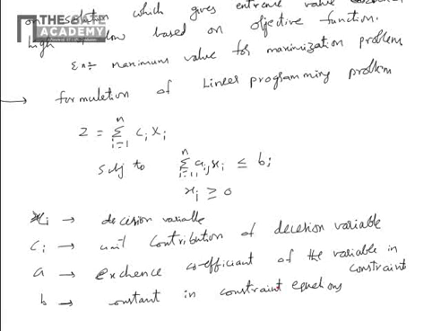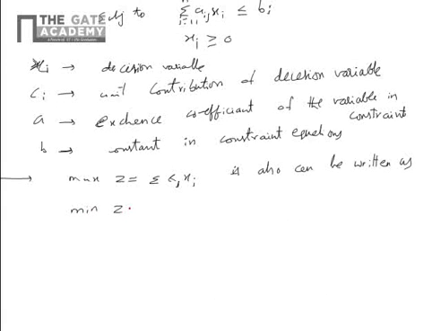So these are a few points which we need to remember. If we have a maximization problem and want to convert it to minimization, multiply the objective function by -1. Then it will convert into a minimization problem. So maximize z equal to sigma ci xi can be written as minimize z equal to sigma minus ci xi.